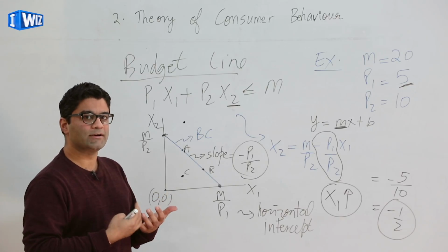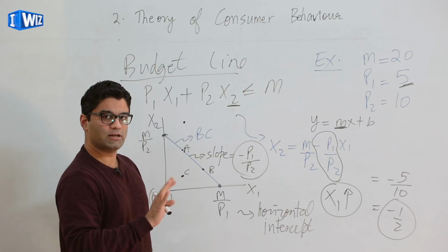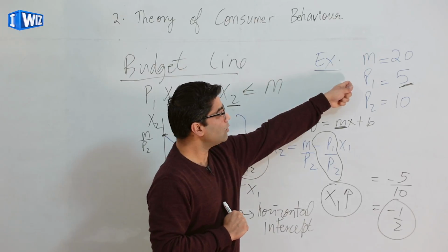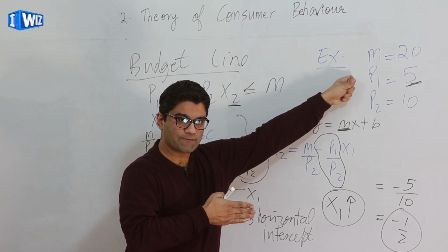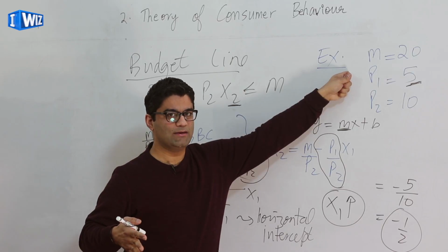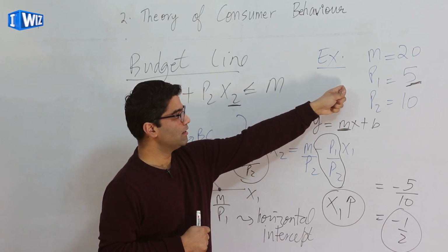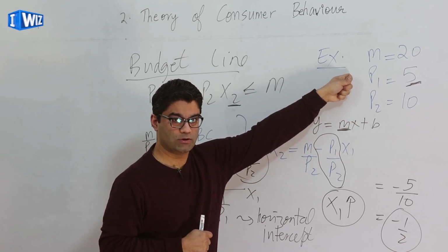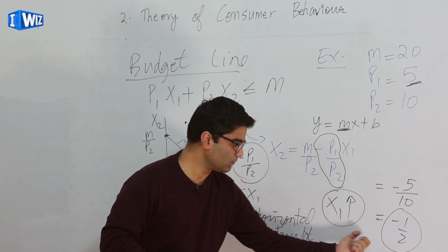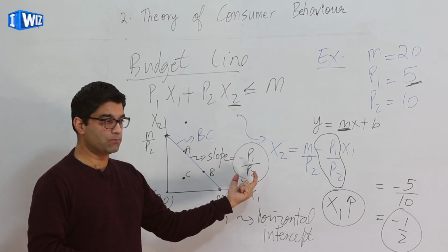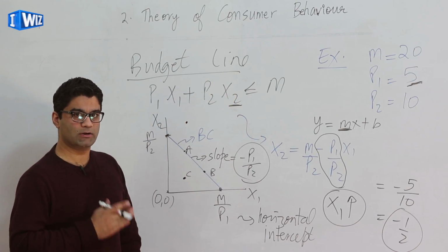But I want to make sure that you understand, not just mathematically, but why that's the case. So let me just review it one more time. If I want to consume one more good 1, it's going to cost me 5 rupees. Then I have to ask myself, how much of good 2 will I be giving up if I want to consume one more of good 1? And in this case, I can only afford to buy a half a unit of good 2 with 5 rupees. So this number, negative a half, or this variable negative p1 over p2, which is the slope of your budget constraint, has a very important interpretation.